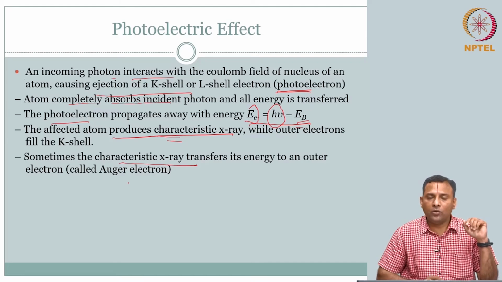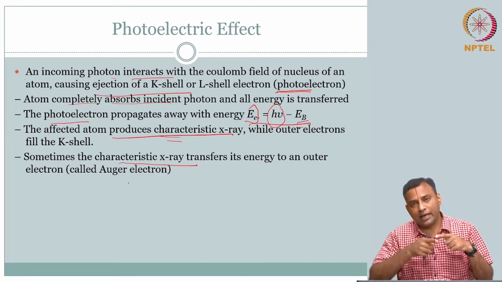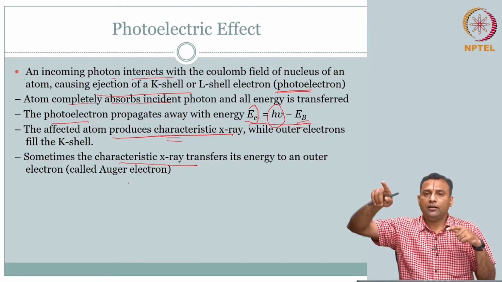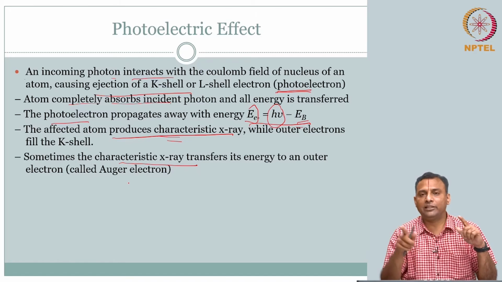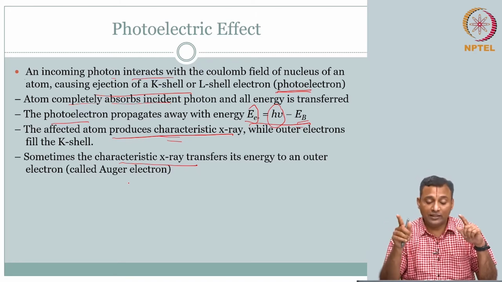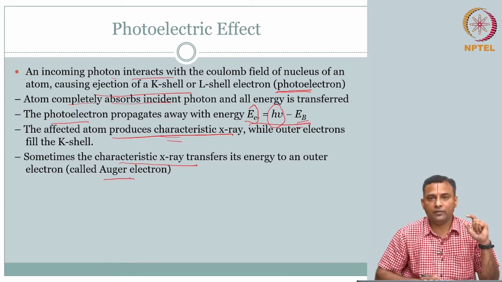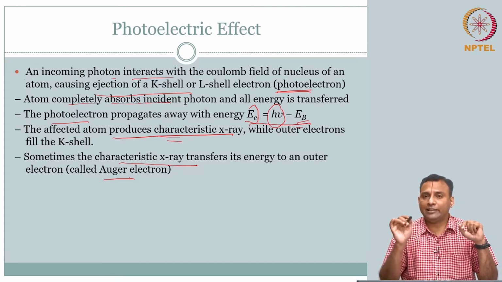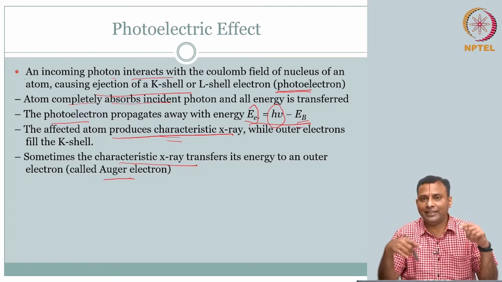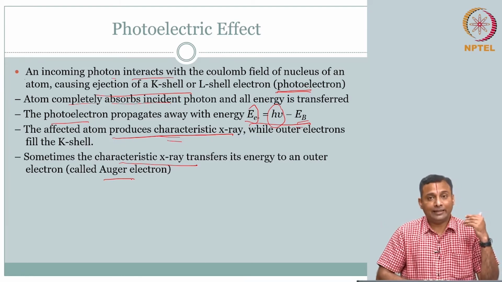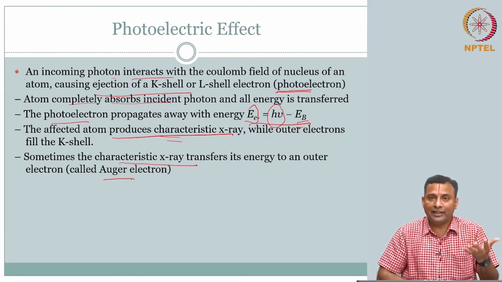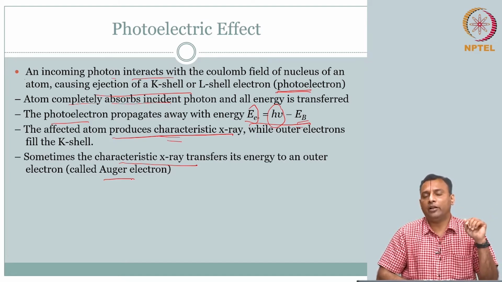What happens then? This electron gets that energy and it can move. It is an electron, a charged particle, that is going to move and take some energy with it. This kind of electron is called an Auger electron. The interaction is going to be the same: an electron with some energy is going to interact with the material like we discussed. So, whether it is a photoelectron or an Auger electron, its interaction with the material is going to be exactly the same as what we already covered with particulate interaction.